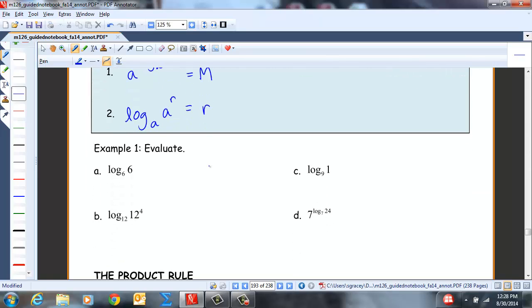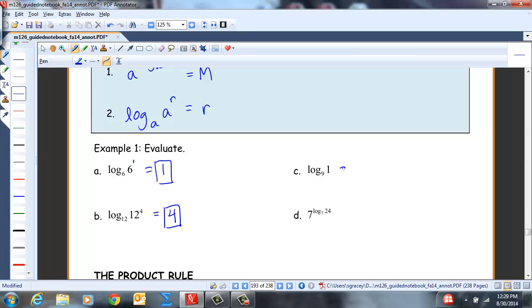So let's take a look at this. So log base 6 of 6 is equal to, perfect, 1. How about log base 12 of 12 to the 4th? Do you see the bases match? So what do we get? Awesome, we get out what's in the power. And you could have really done this with the 6 to the 1.